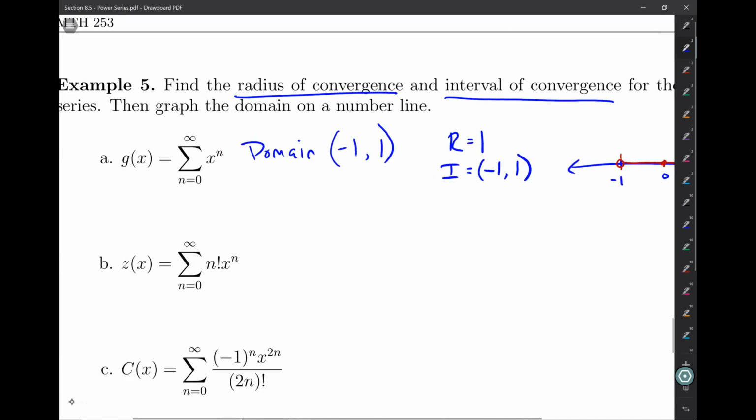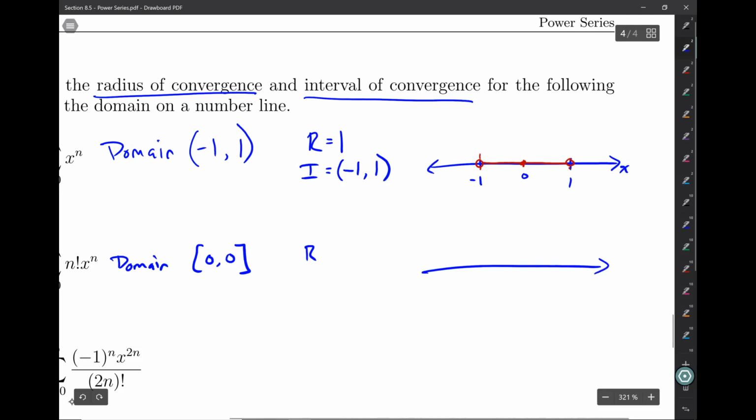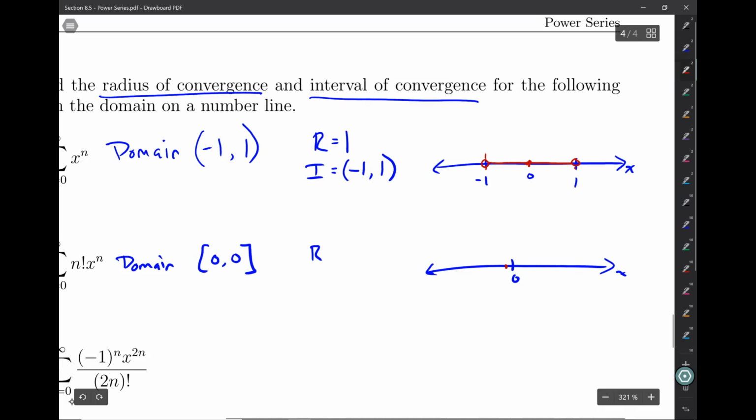Let's keep going. We found that our domain for z of x, n factorial times x to the power of n, was just 0. And so in this case, our radius is the distance from the center. We found that our center was here at 0. The distance from our center to the endpoints, well, our endpoint is really uninteresting.